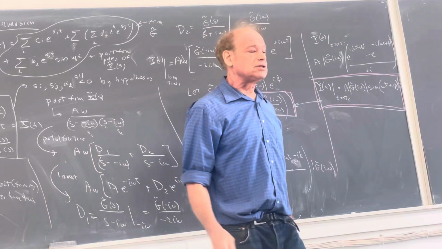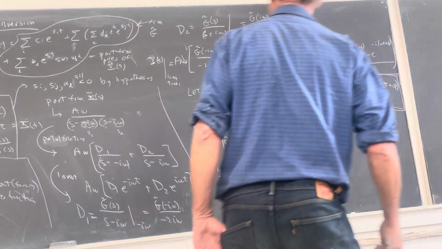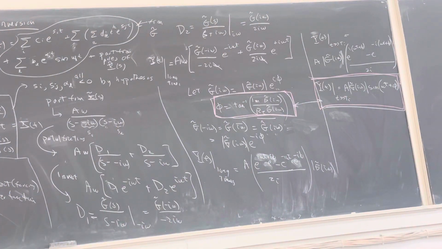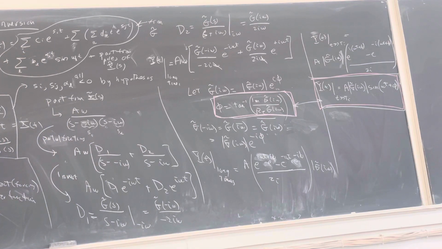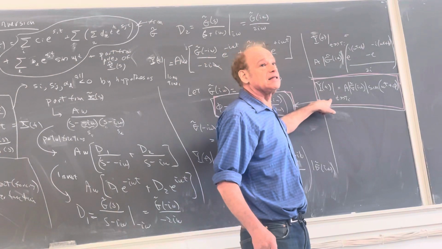So what we've shown under these fairly general conditions, these quite general assumptions, was that even though G tilde can be enormously complex, this very complicated ratio of polynomials, as long as it's stable and the input is a sine function with amplitude A and frequency omega, the output looks exactly like this.